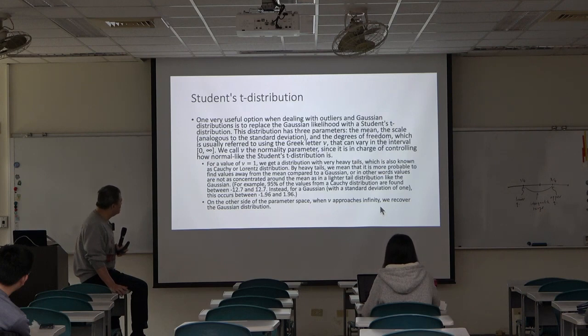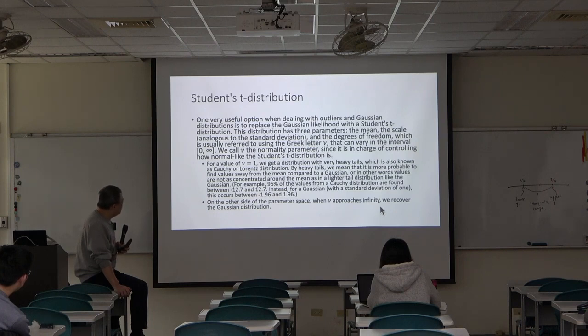And the third one is nu, the Greek letter nu. If you are not into Greek letters, if you want to call it v, I'm okay with that. That's called degrees of freedom. So this model is kind of interesting.